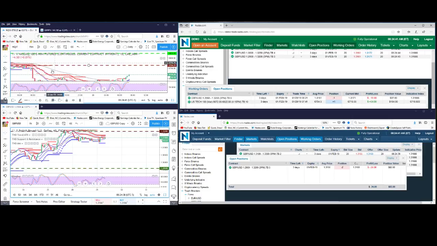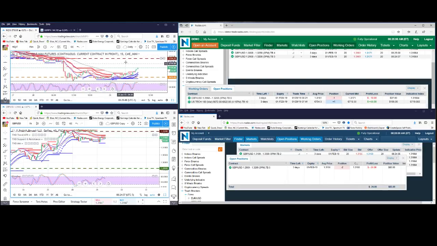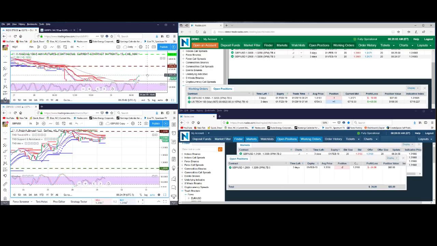Normally I don't mark them on my chart because I'm always looking to the left anyway. But I do suggest new traders actually mark this so they'll remember, hey, there's a resistance area there. You've got one here and then another one here.